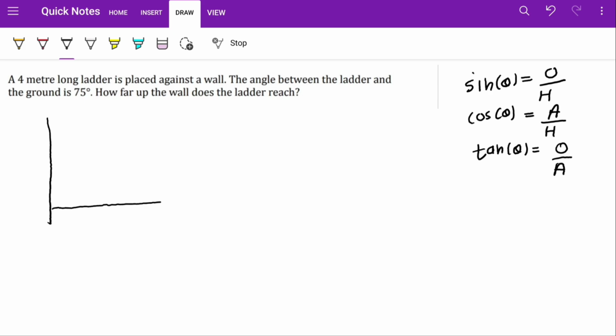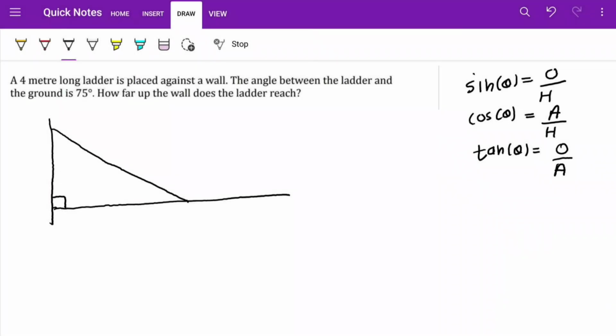This is going to be the ground, and we have a ladder which is placed against the wall. So it looks something like this, and this is the ladder. You can see it makes 90 degree with the wall and ground, right? We are told that the ladder is 4 meter long, and the question asks how far up the wall does the ladder reach.